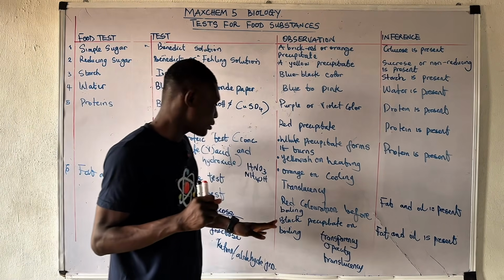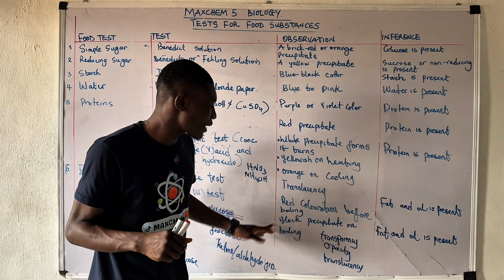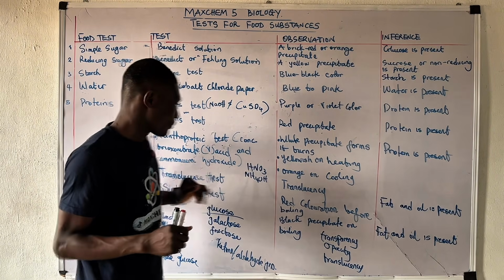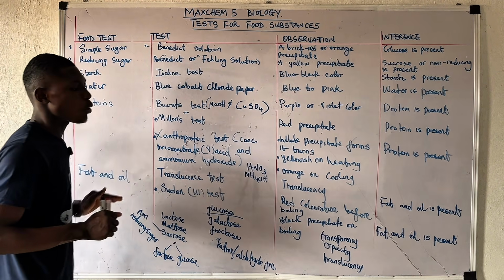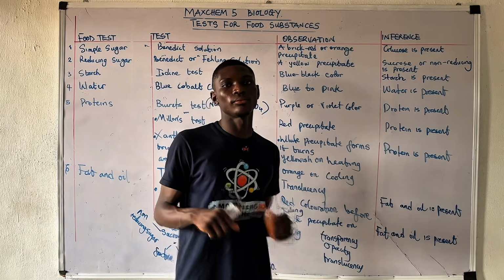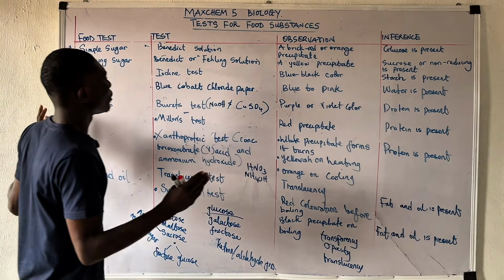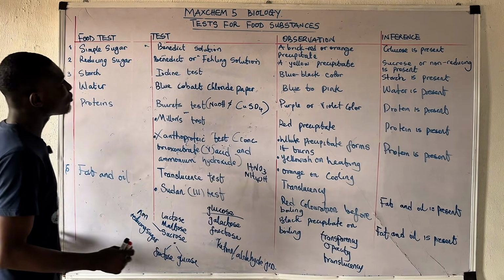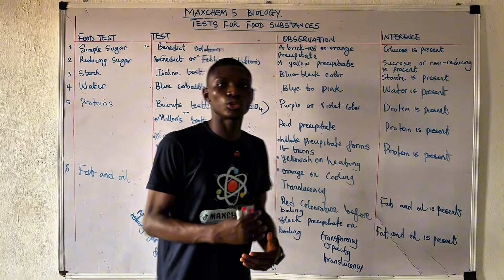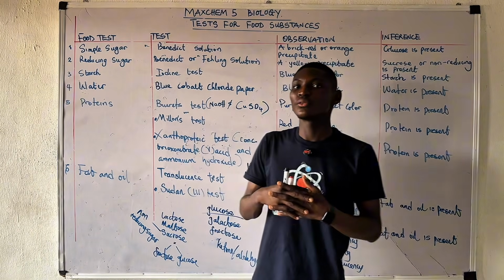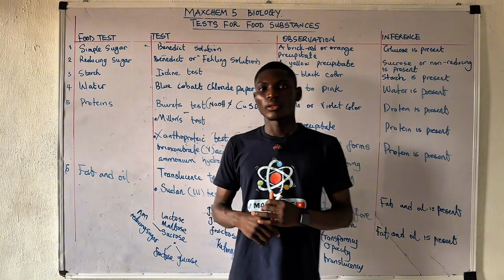Then on boiling, you observe a black precipitate. That indicates the presence of fat and oil. So this is just an explanation of the tests for different substances in different food materials.